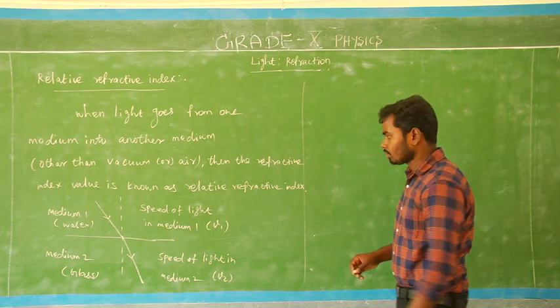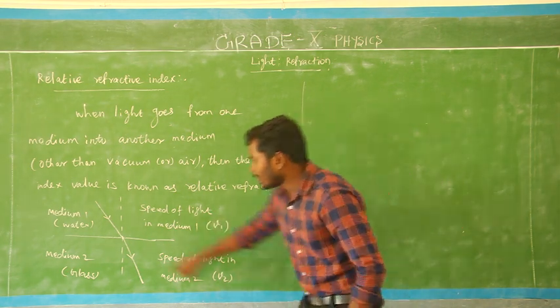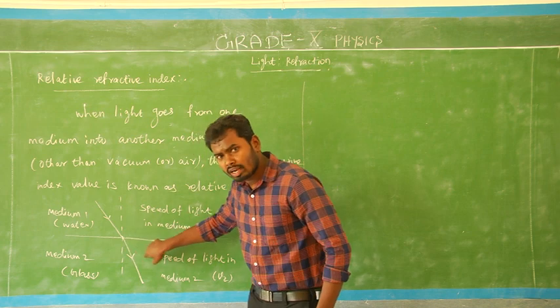So consider the formula. Which medium bends the light? That is medium 2. Medium 2 only bends the light.